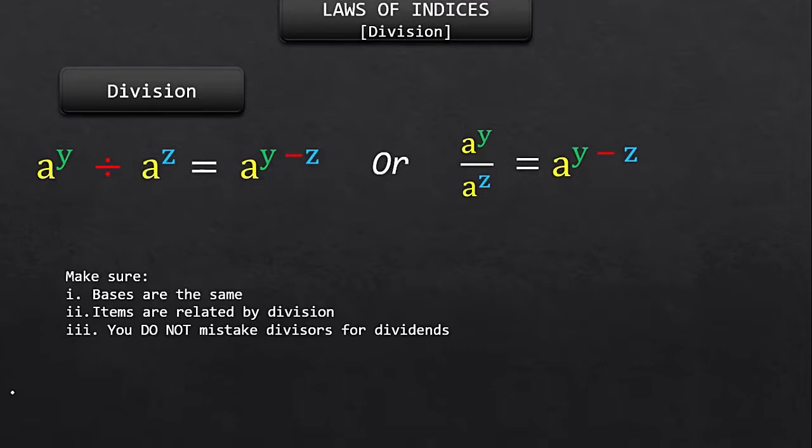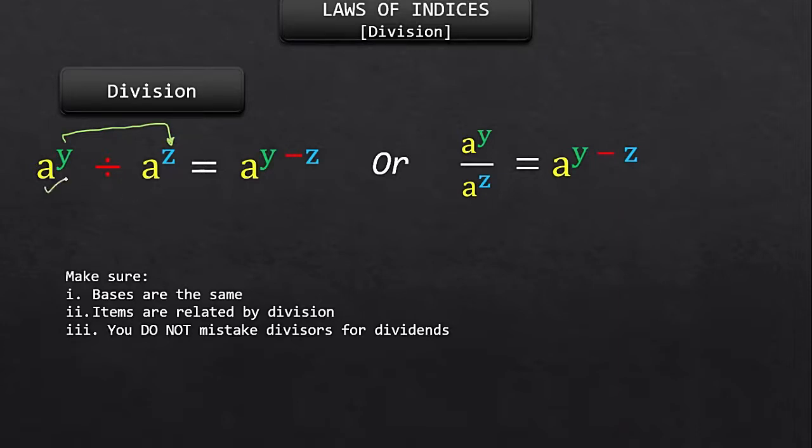And now we are going to see how we are going to deal with the law of indices number 2, which is on division. So this one is saying that if we have two bases separated by a division sign, so far as they are the same, then we can subtract the powers. This is the opposite of the multiplication.